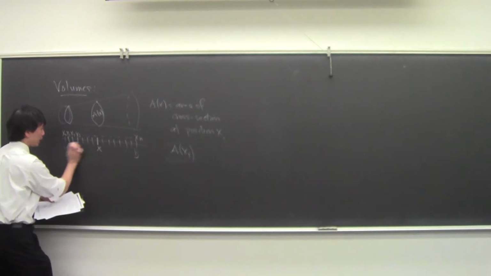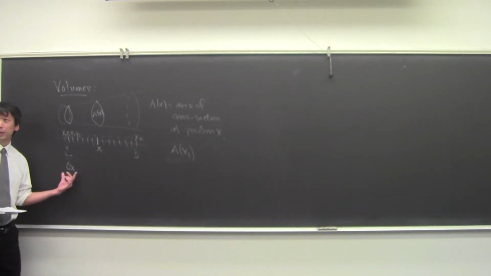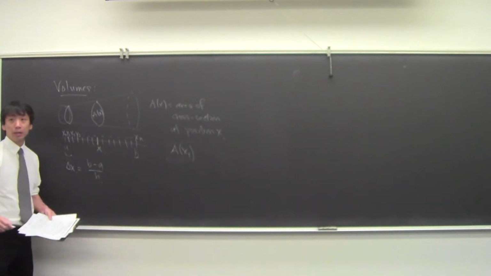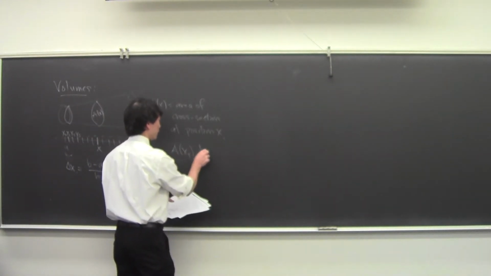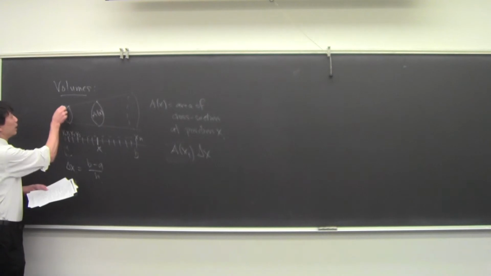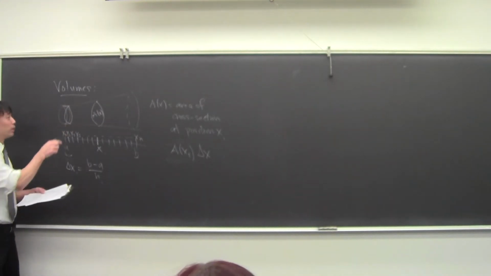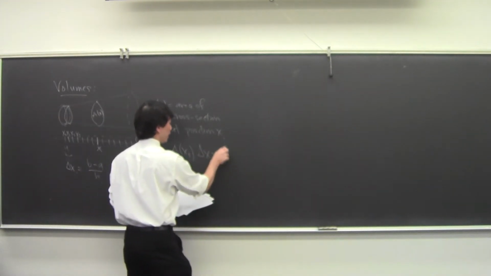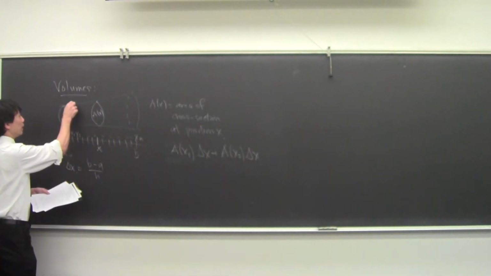So make each of these delta x in width. Delta x is going to be (b minus a) over n. And you take A of x1 times delta x, and that will give me an approximation of this first volume. Then you add on A of x2 times delta x, and that will give you an approximation of the second volume, and so on and so forth.